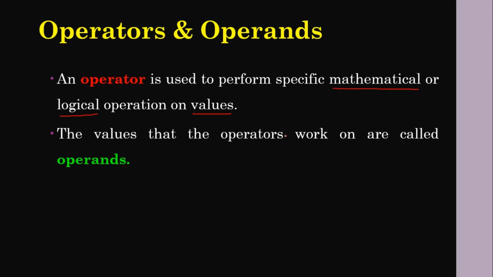Let's see one example. Here we have a variable a that is assigned the value 2 plus 3. This plus is known as an operator, and it is an arithmetic operator, and these two values on which the operator is working are known as operands.